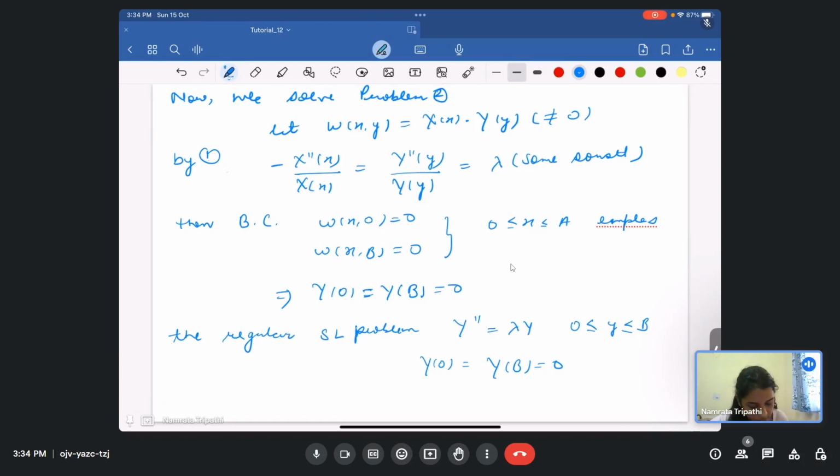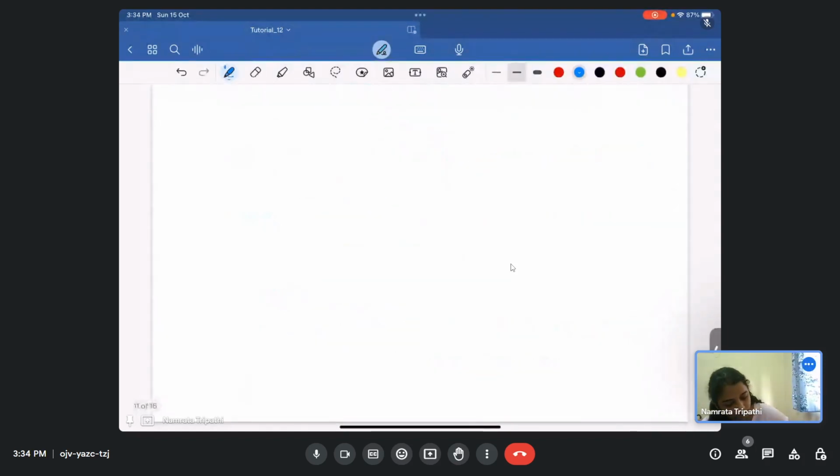Fine. So this is SL problem. We have already found the eigenvalues, eigenfunction for this problem in previous session. So I'm going to write the eigenfunction. By solving SL system, we obtain the eigenfunction.